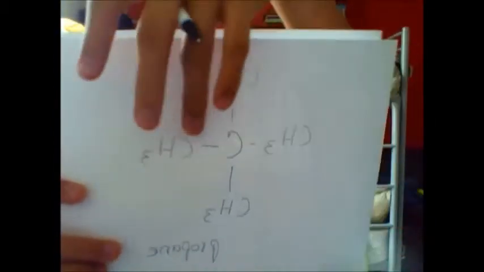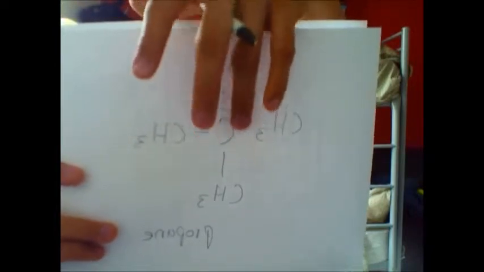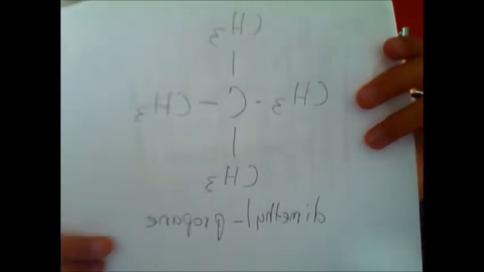We don't have to number the carbons because the substituent is in the middle of the chain. It would be the same if we do 1, 2, 3 or 1, 2, 3. There are 2 methyl groups, so the prefix is di-methyl. In this case, the alkane is dimethylpropane.